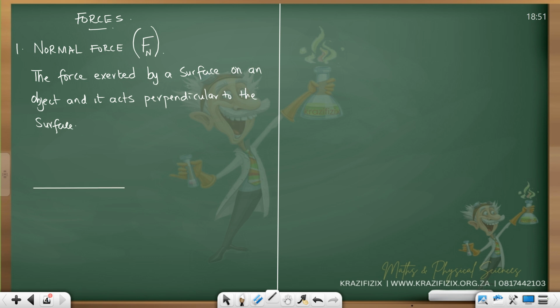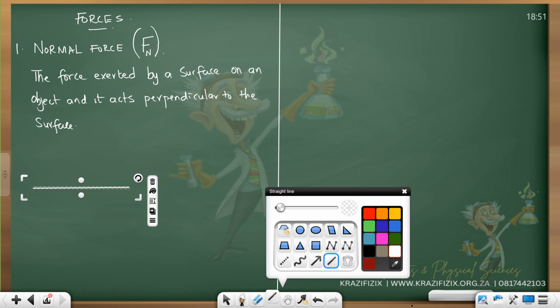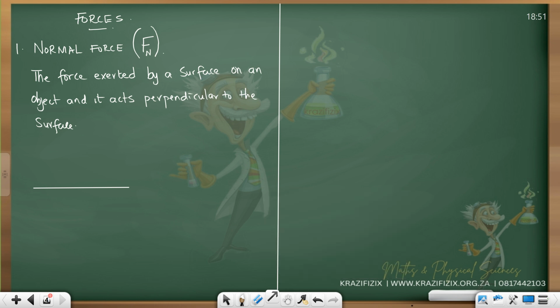So for example, if I have a surface like this, my normal force will be acting that way. And this angle here is what? 90. So that's going to be my surface. And that is going to be my normal what?